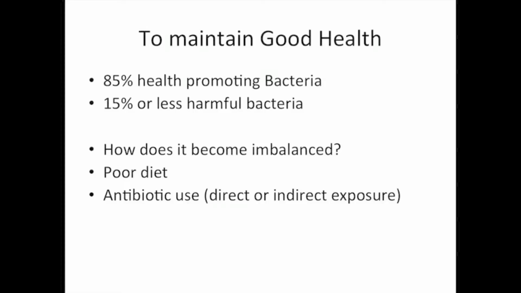After exposure to antibiotics, your body has to work overtime to regenerate the good bacteria, which is made harder if we've got a poor diet. So we need to eat a diet full of vegetables, a really high alkaline diet, and reduce those refined grains and sugars that make the harmful bacteria thrive.